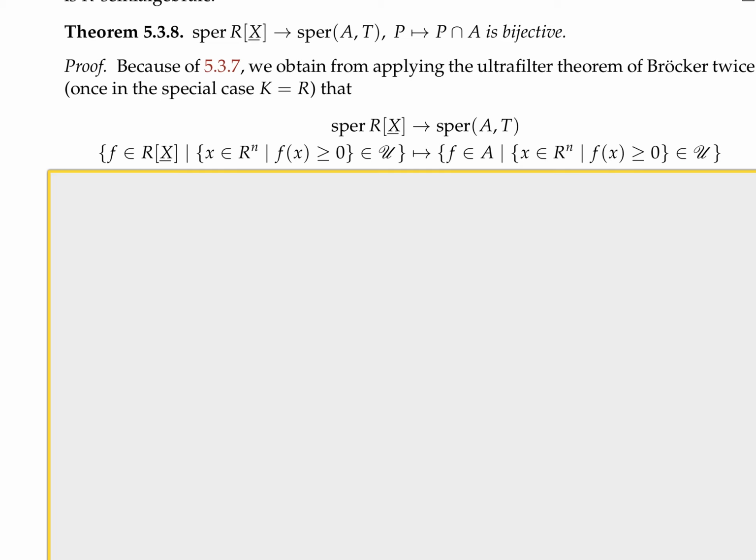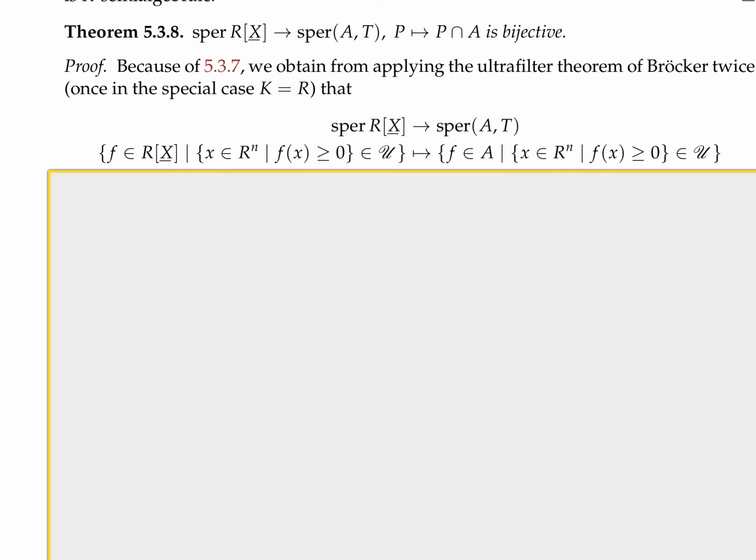And I map it to the orange PU. So in the orange version, I have to take all polynomials over K, but this set is still taken over R, right?